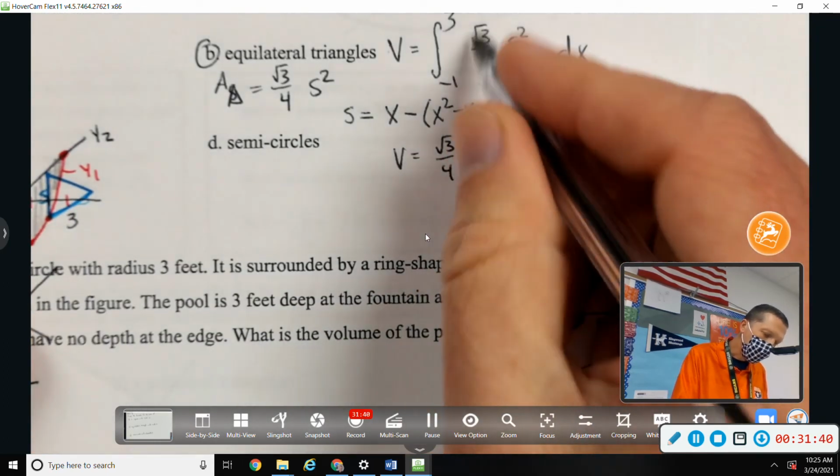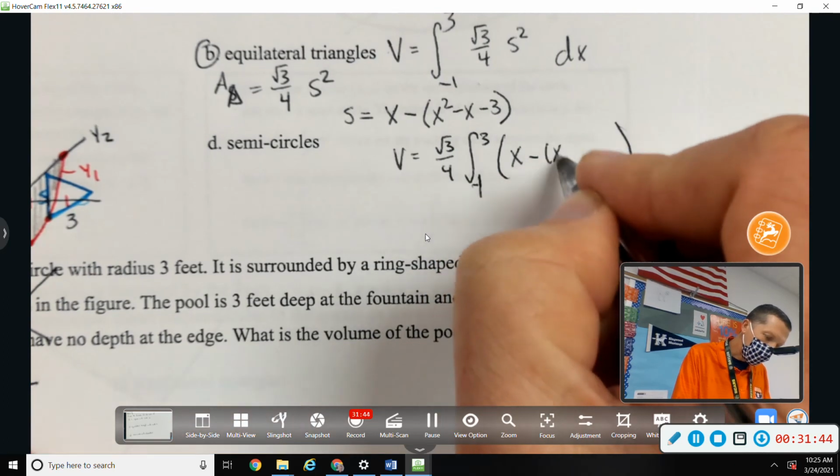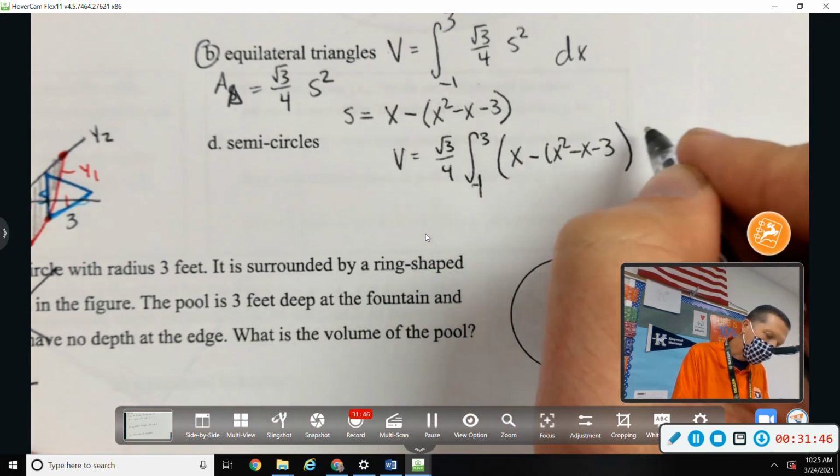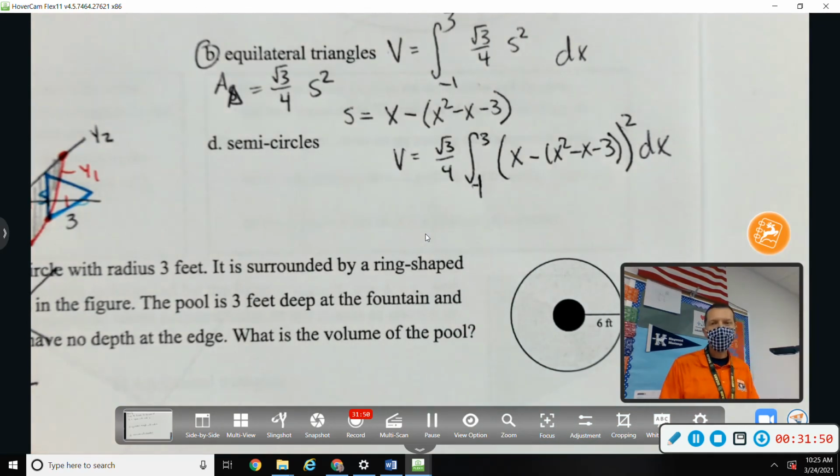So the root 3 over 4 out front. And then x minus x squared minus x minus 3 squared dx. That adds up all of the equilateral triangles from -1 to 3.